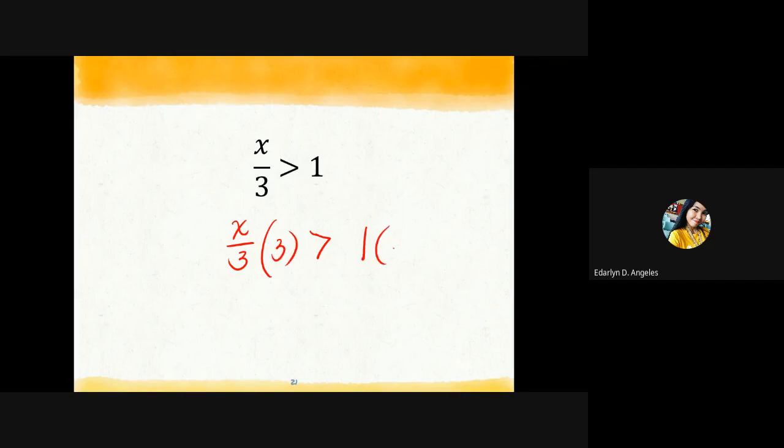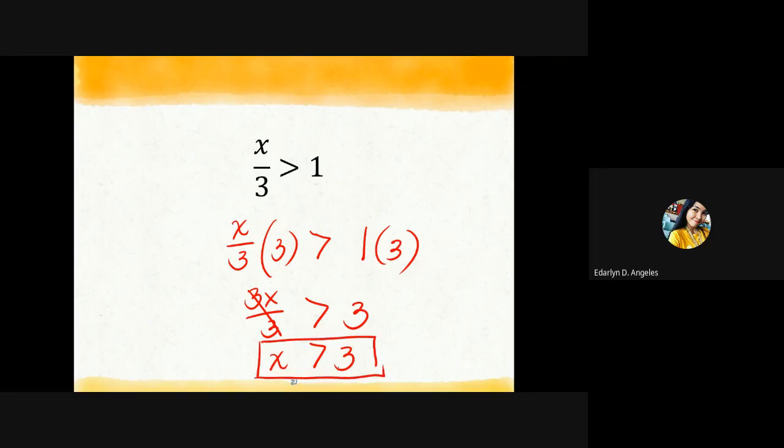So multiplying 3 on both sides, that would be x times 3 over 3 is greater than 1 times 3, or 3. Here we can cancel 3 divided by 3, so x is greater than 3. Alright? So this is now our x.